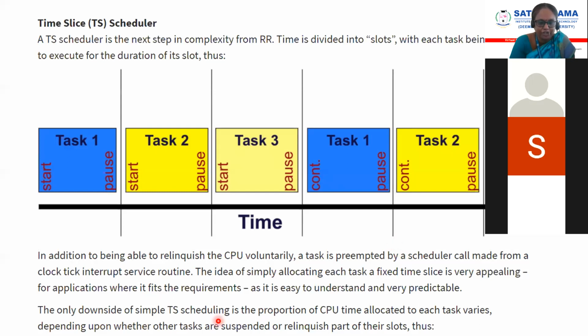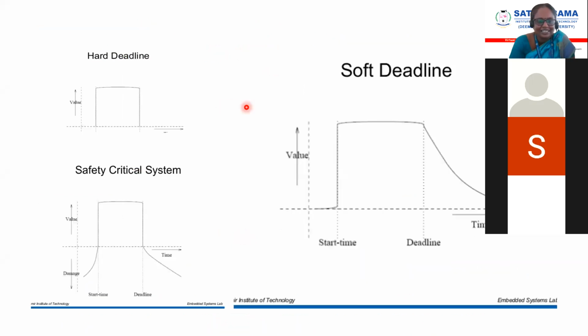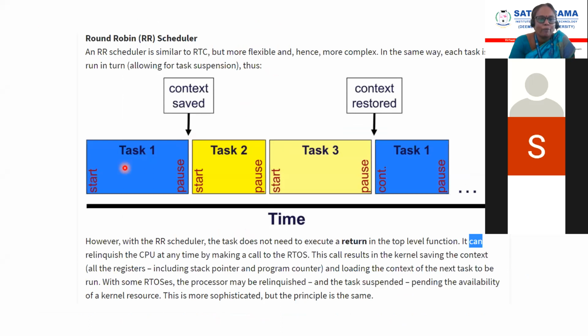Preemptive scheduler, time slice scheduler, priority scheduler we have seen. The time slice scheduler is next in complexity from RR, round robin. Time is divided into slots, in which each task is allowed to execute for the duration. You have seen that in round robin we don't have such a thing. In round robin, it takes more time, it takes less time.